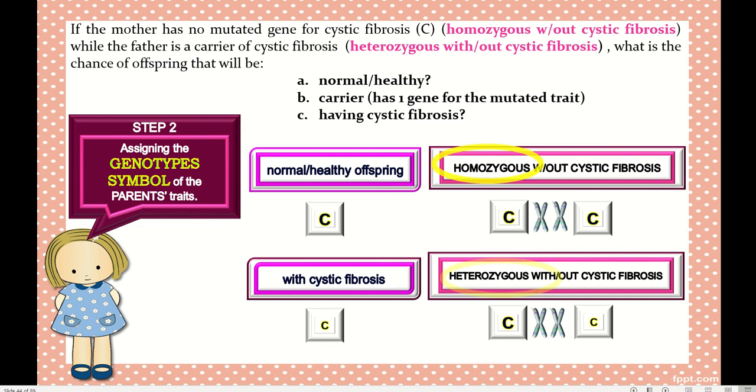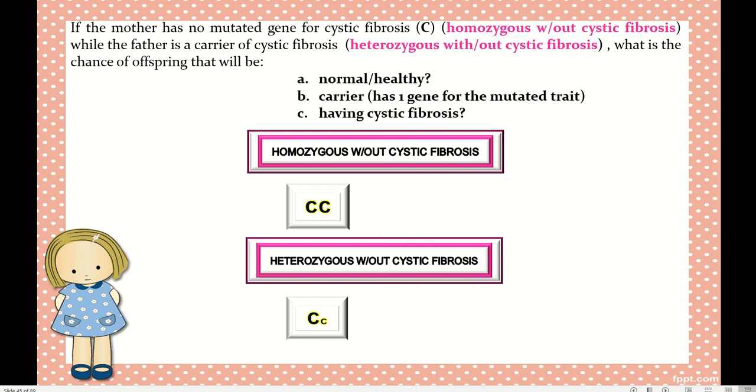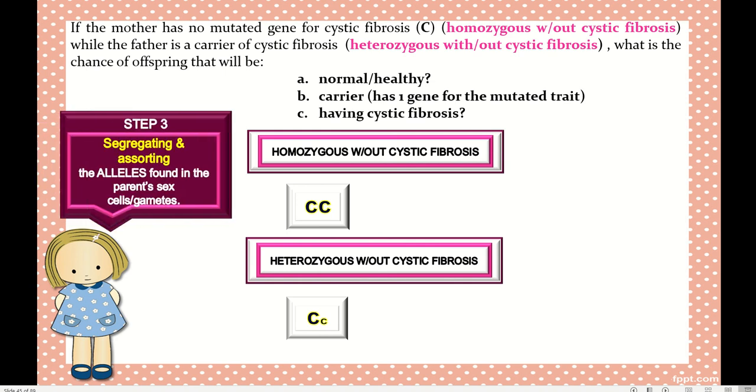So that's step 2. Now for step 3, we have to segregate and assort the alleles, and they are carried by or found inside the parent's sex cells.